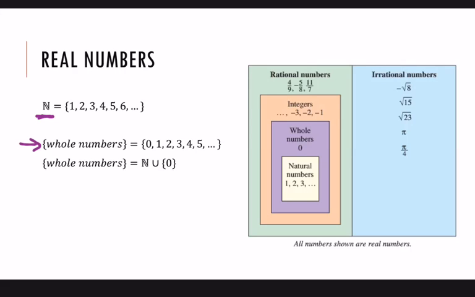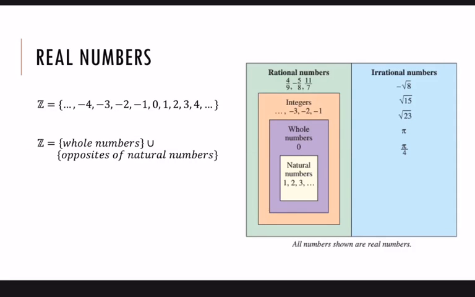Whole numbers are all of the natural numbers in union with the set containing 0. So union, think of the word or. If it's a whole number, then it's either natural or it's a 0.